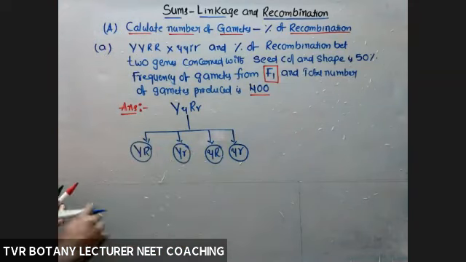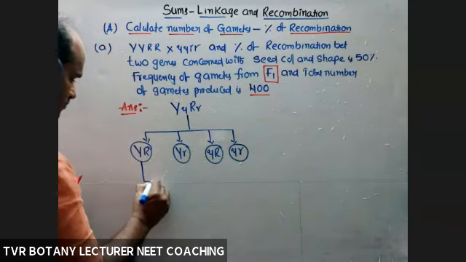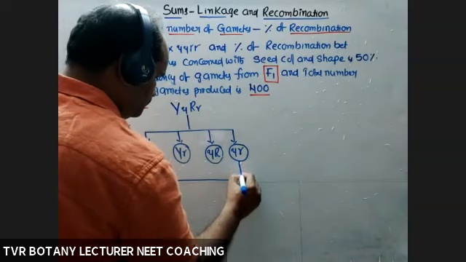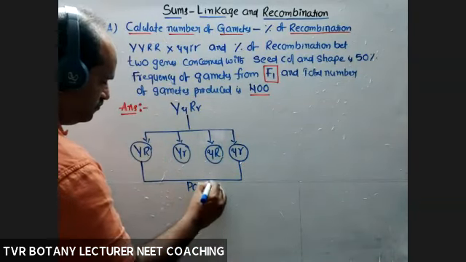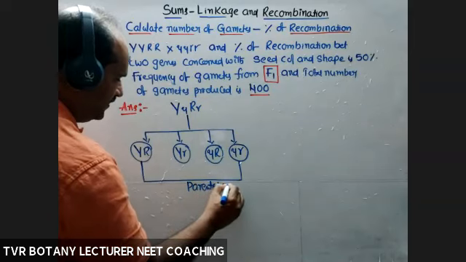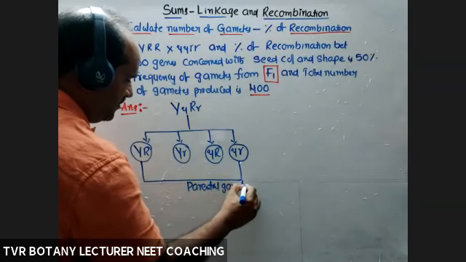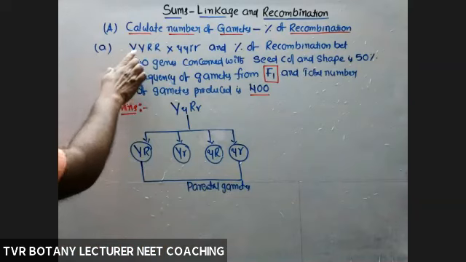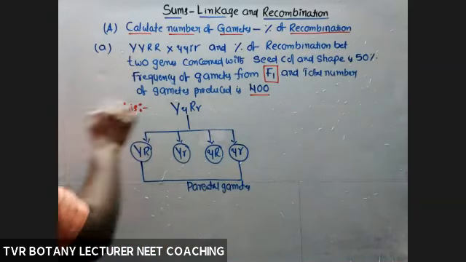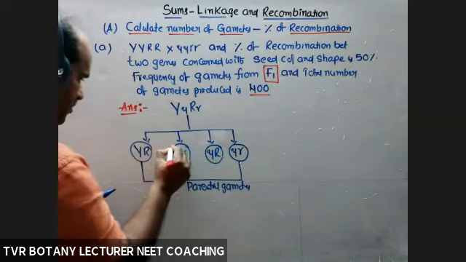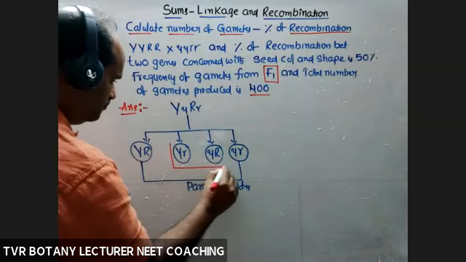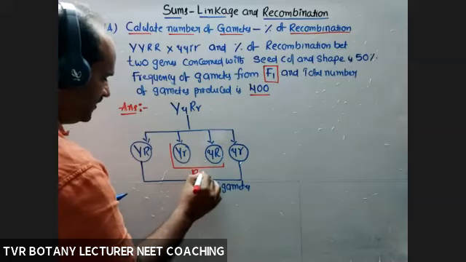Out of 4 kinds, what about these 2? Parental gametes. Parental gametes means capital Y capital R, and small y small r. And what about these 2? Recombinant gametes.